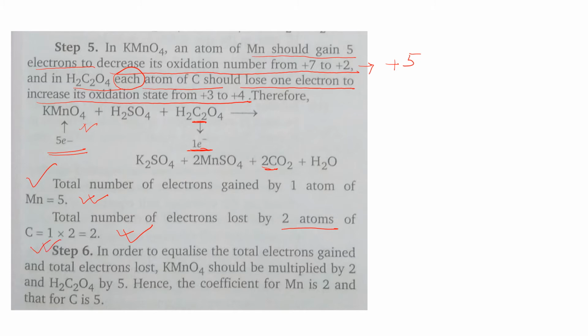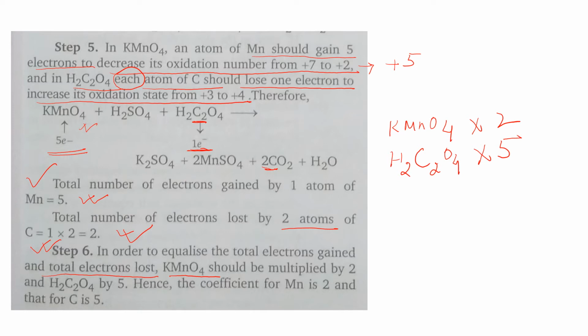Now step number 6. Step number 6 is, now you have to equalize the total electron gain and loss. In order to equalize the total electrons gained and lost, KMnO4 should be multiplied by 2 and H2C2O4 should be multiplied by 5.